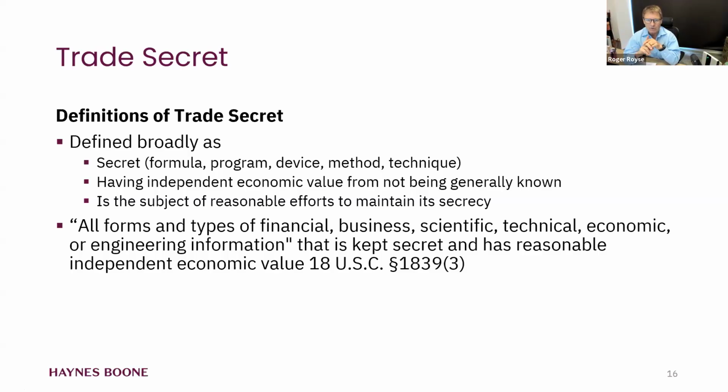That could be a formula, a program, a device, a method, a technique, just the way you do things, if it's secret. And it has value, and that value derives from not being generally known. And third, and this is the big one, and this is the one that makes this particular IP so fragile, it has to be the subject of reasonable efforts to maintain its secrecy.